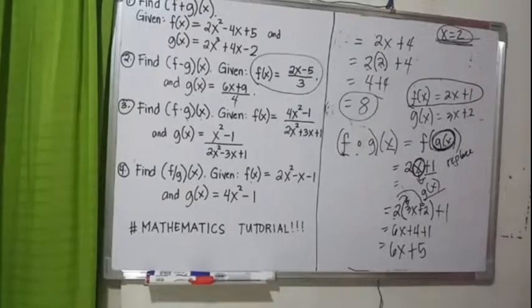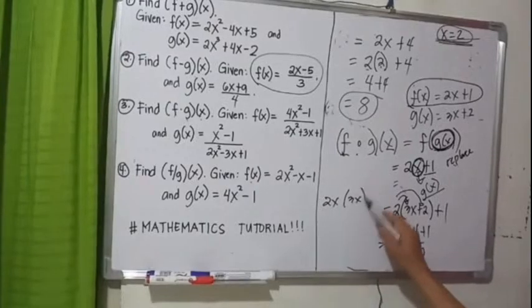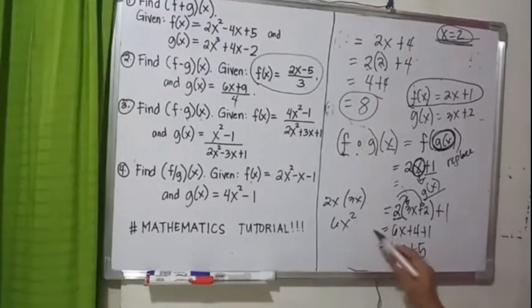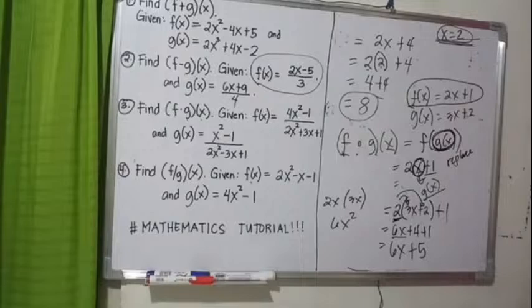6x plus 5. Okay. Hindi po ba 6x squared? Hindi 6x squared kasi 2 ito. Kung 2x times 3x, so magiging 6x squared. Since 2 lang ito, so 6x lang.